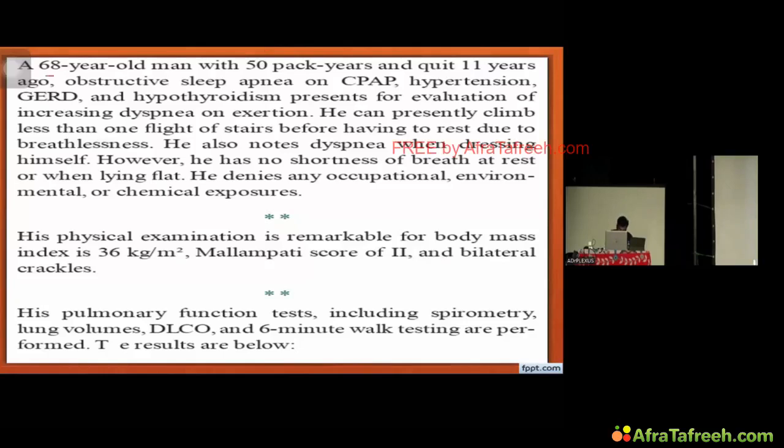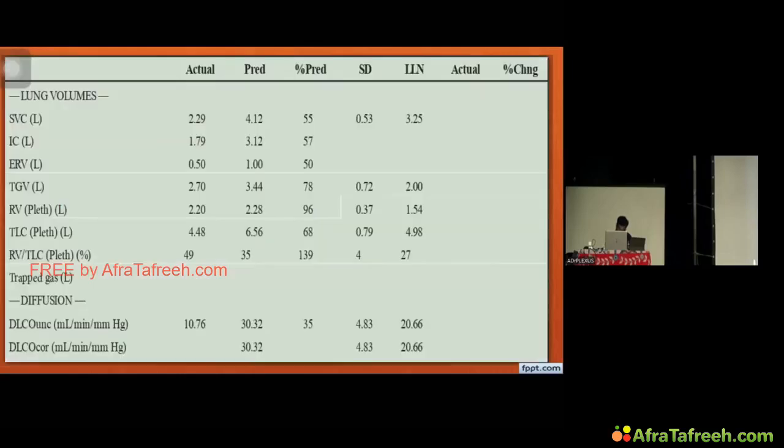A 68-year-old man, smoker, sleep apnea on CPAP, dyspnea on exertion. He is having BMI of 36, Mallampati score 2, bilateral crackles.